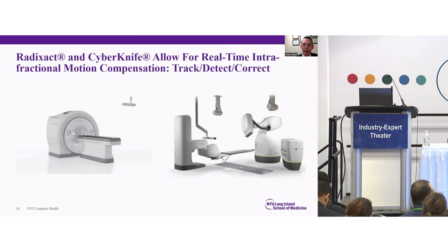Both the Radixact and the CyberKnife allow for real-time intrafractional motion compensation. That is, you can track the motion of the tumor, you can detect this motion, and you can correct for it in real time. So you're actually displacing the radiation beam, changing the aperture, moving the aperture in synchrony with the motion of the target.